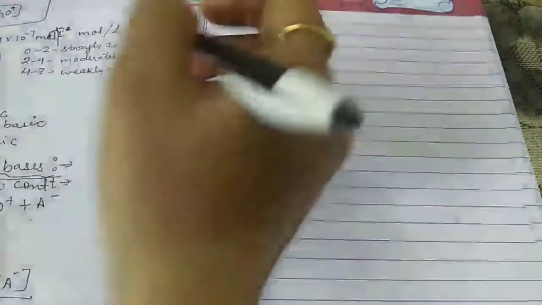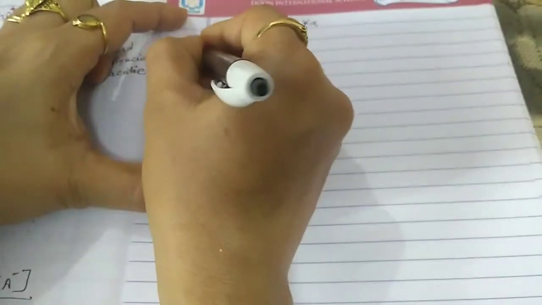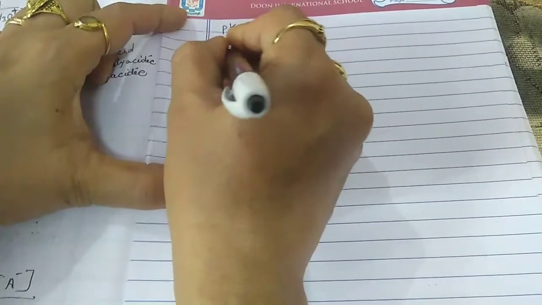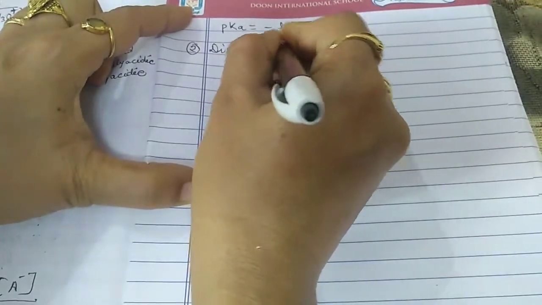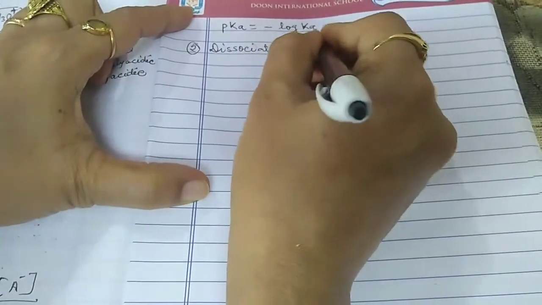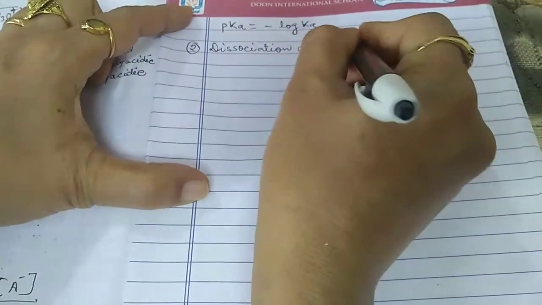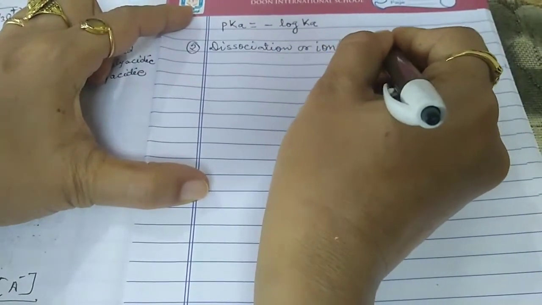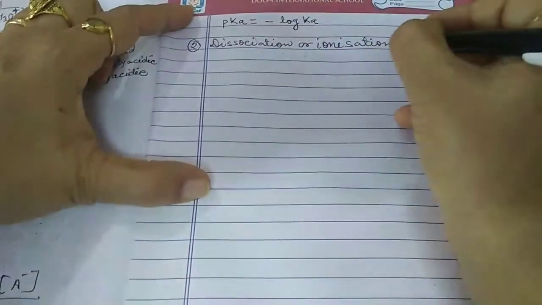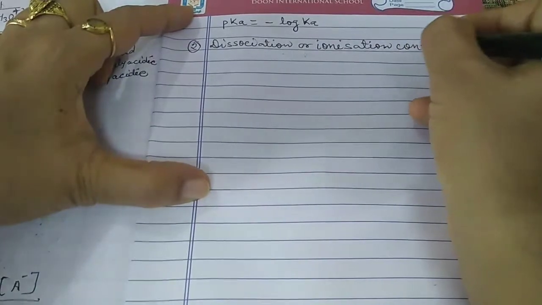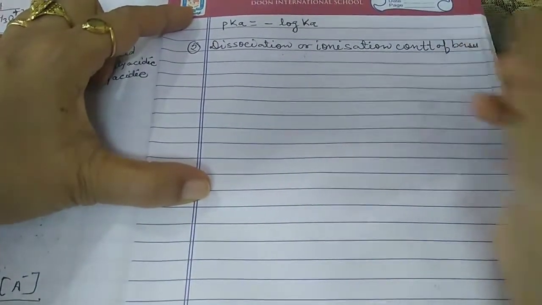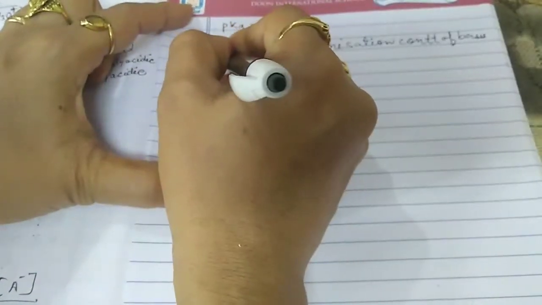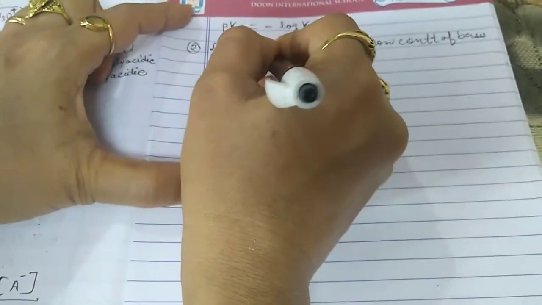Now the next topic is dissociation or ionization constant of bases in water.